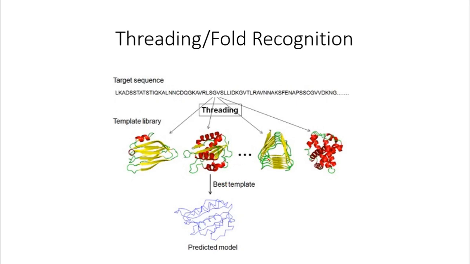If they properly fit, if the score is high, then that means you have identified a fold. You might end up with some structure. Is that right? Everyone agrees with this? Okay, so in this way you would end up with a fold or a structure.